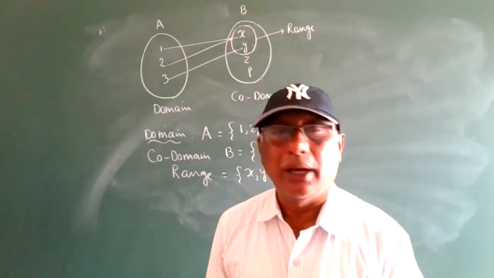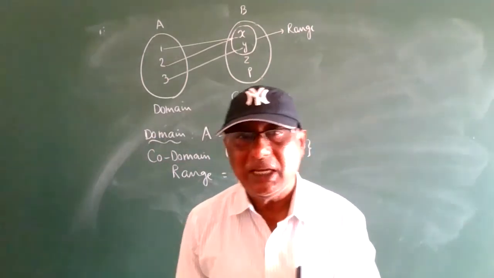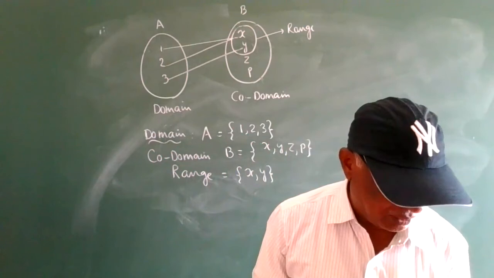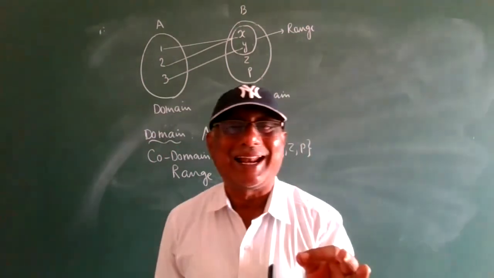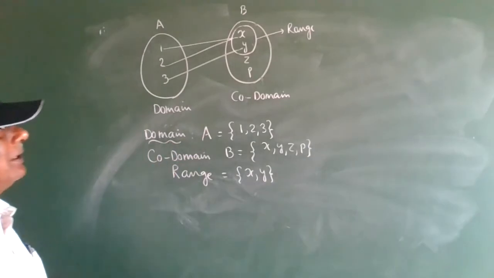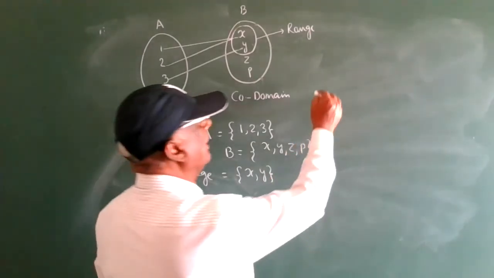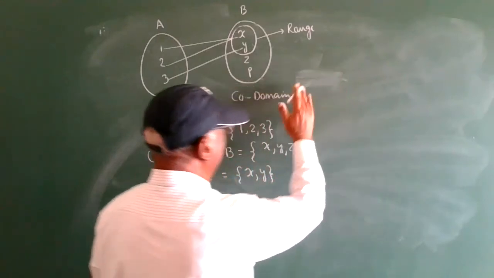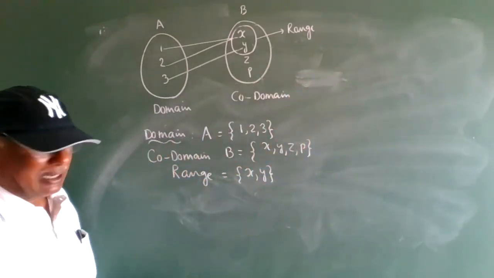Next, I go to the next point. Range is completed, codomain is completed. What is a real function? I will write it here: real function.